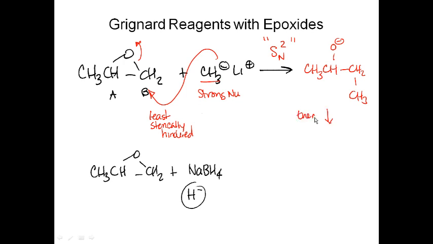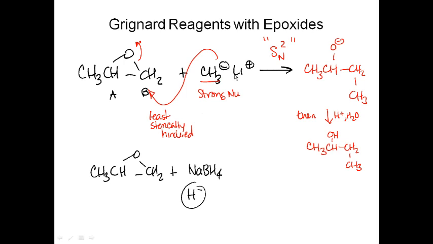I have to wait around until I dump the acid in, and then when I dump the acid in, we now get our alcohol. So the nucleophile will attack the least sterically hindered carbon of the epoxide, and that's because it's a strong nucleophile and it's going by an SN2 mechanism.